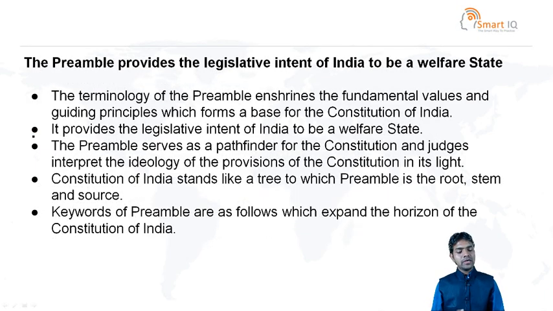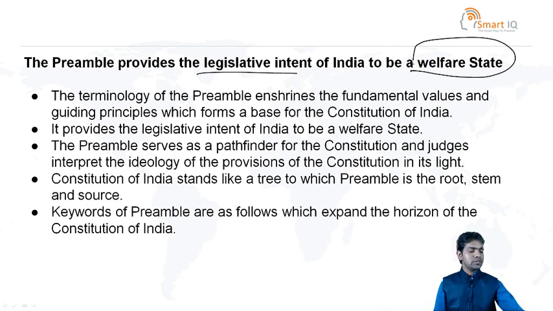The preamble provides the legislative intent of India to be a welfare state. Welfare state means welfare of the people, welfare of the society. The terminology of the preamble enshrines the fundamental values and guiding principles which form the base for the Constitution of India.